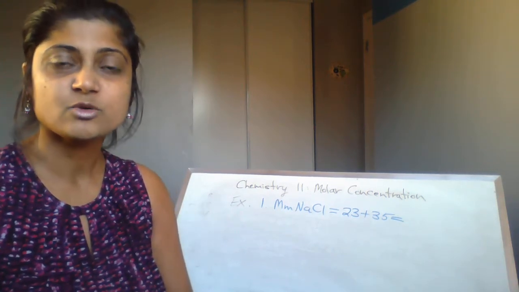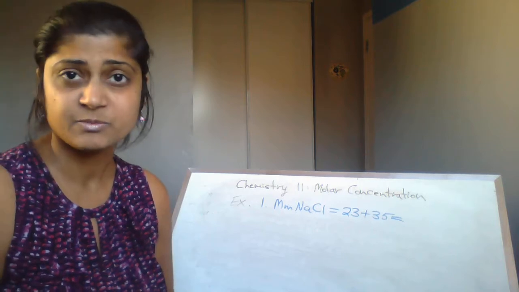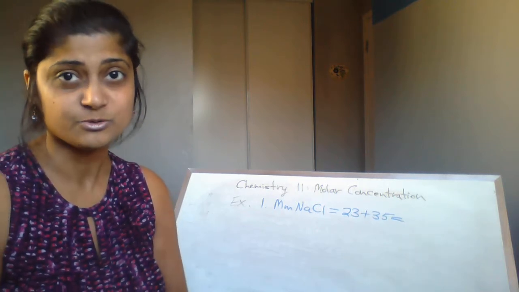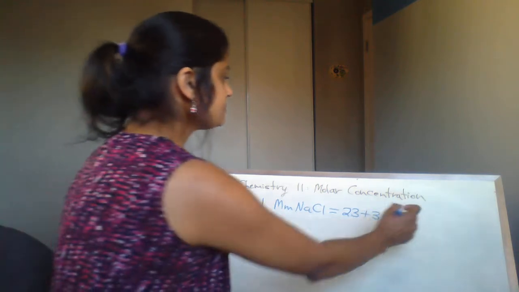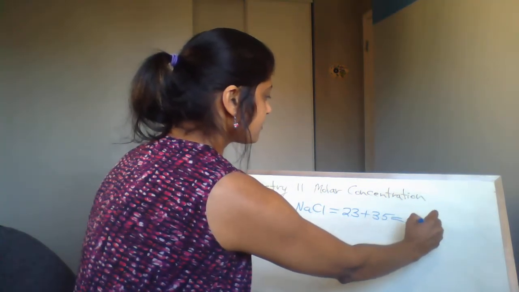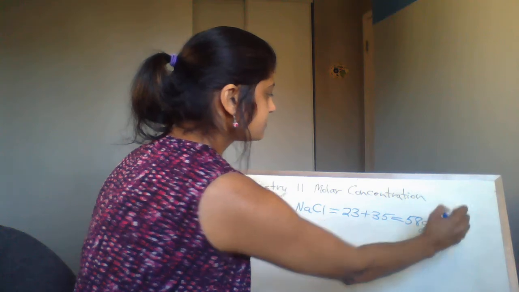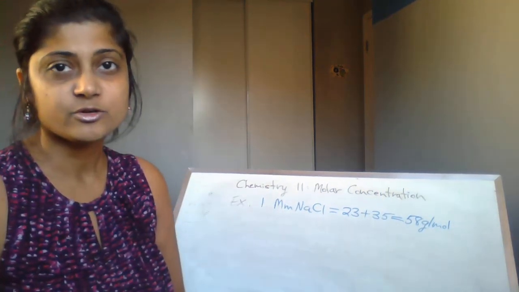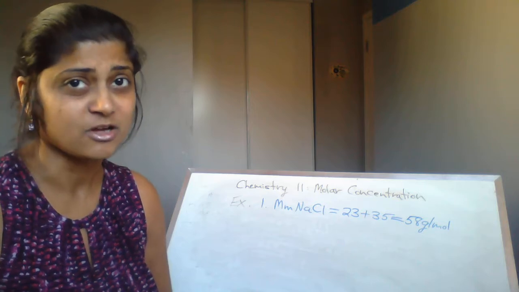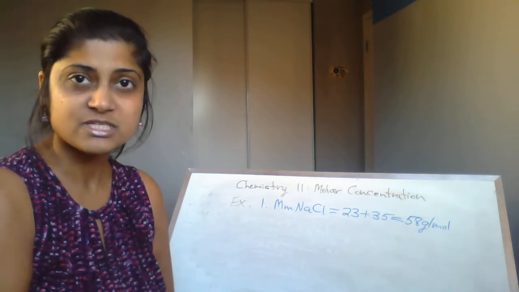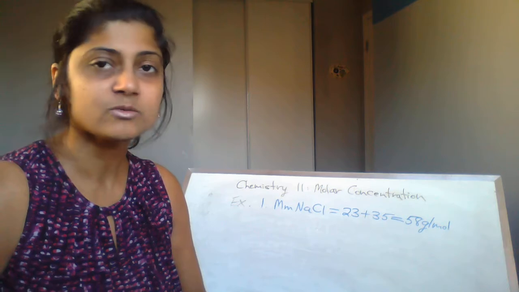If your teacher wants you using exact values from the periodic table, then that's what you should do. We're just going to add that together. I'm getting 58 grams per mole. Make sure you are writing down the units for the molar mass, or the teacher will take marks off. That's the first thing we are doing, and it's always the first step.